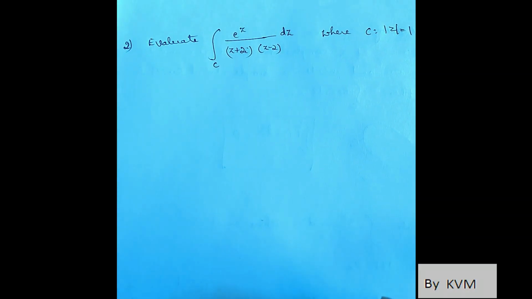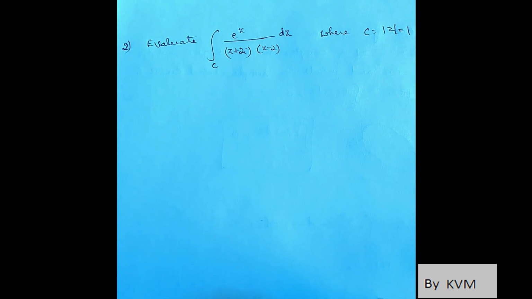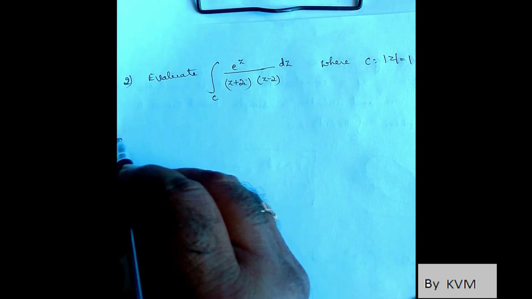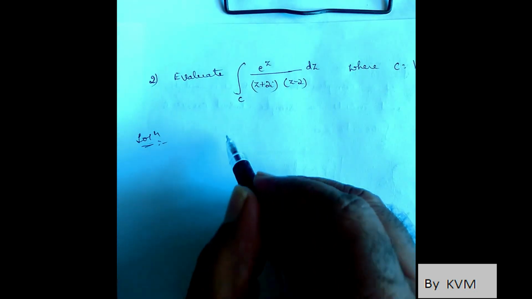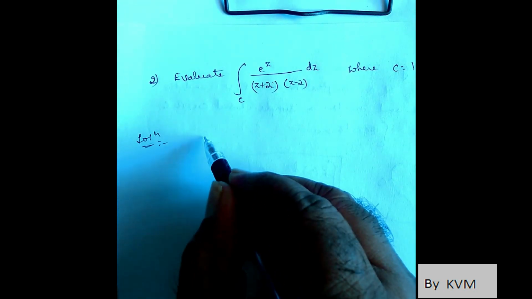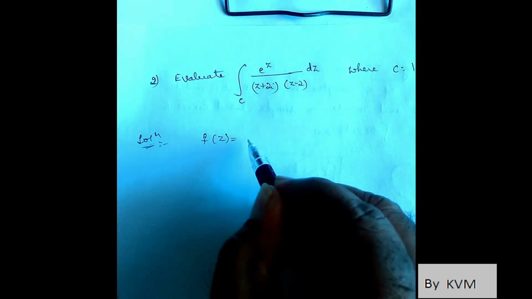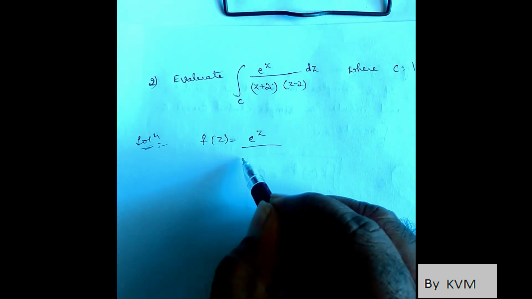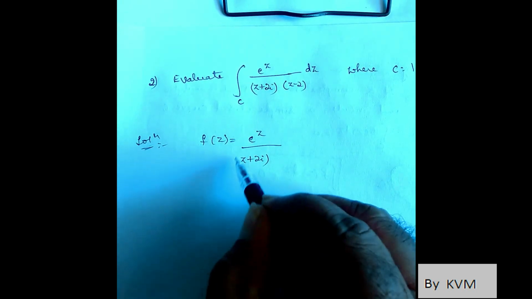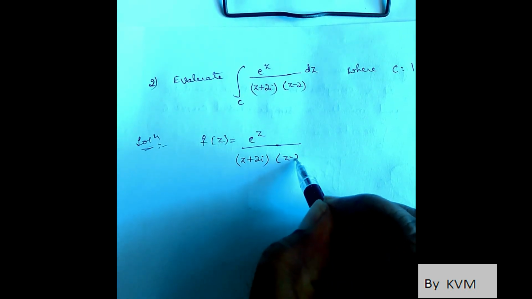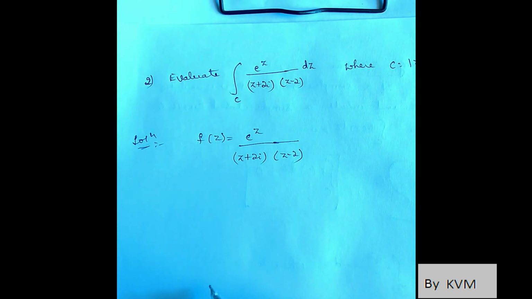Now evaluate integral e power z by z plus 2i into z minus 2 dz over closed curve c, where c is mod z equals 1. So now here f of z is e power z by z plus 2i into z minus 2. If you see the denominator here, there are two linear factors, z plus 2i and z minus 2.